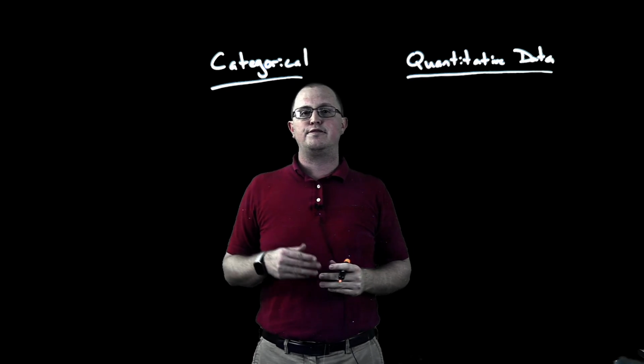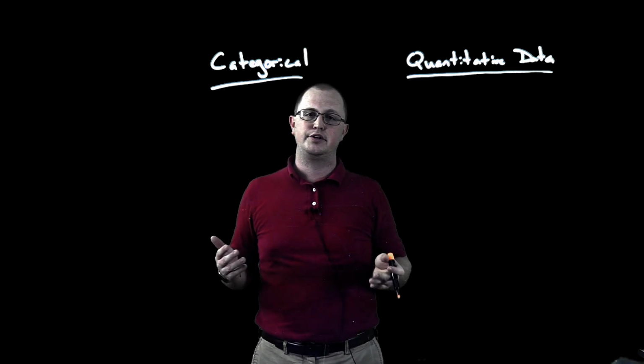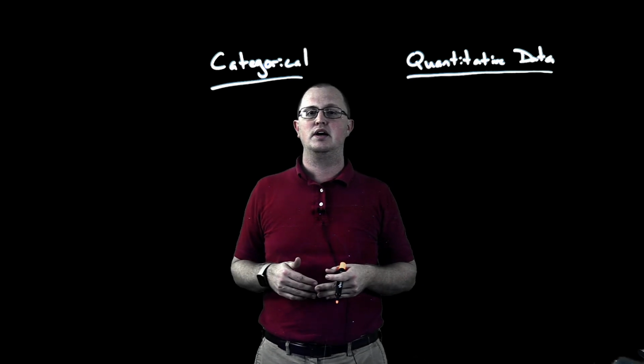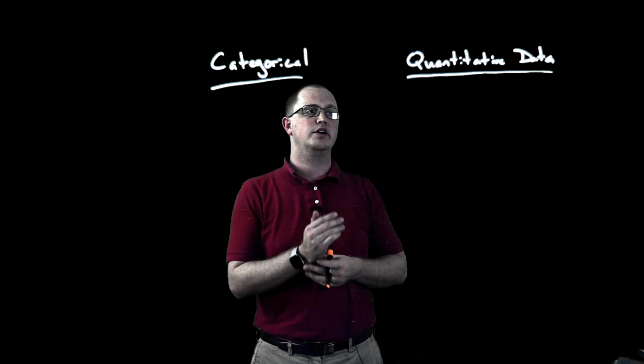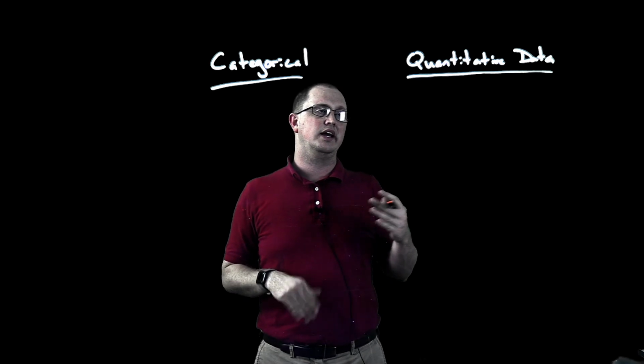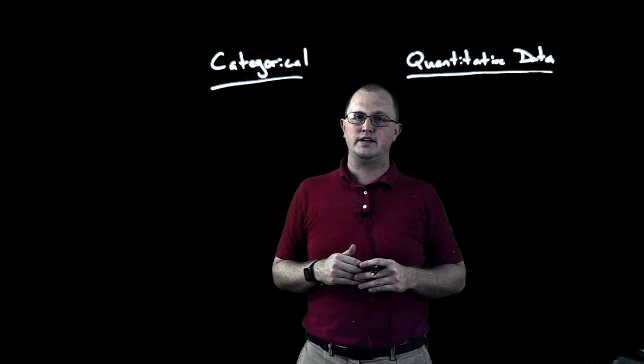You can also refer to categorical data as qualitative data, but for your benefit as well as mine, rather than try to keep quantitative and qualitative separate, we're going to stick with categorical and quantitative. So let's start with categorical data.